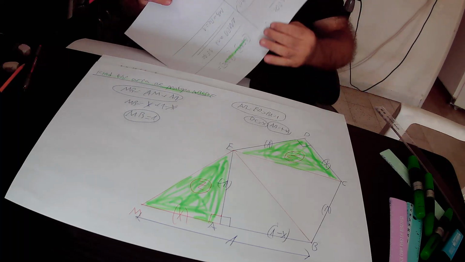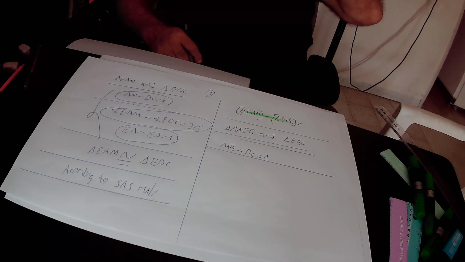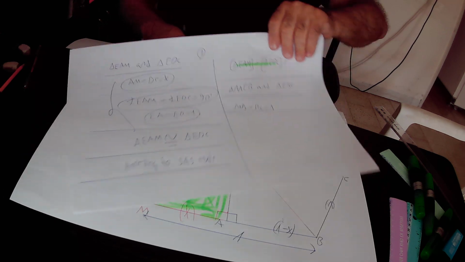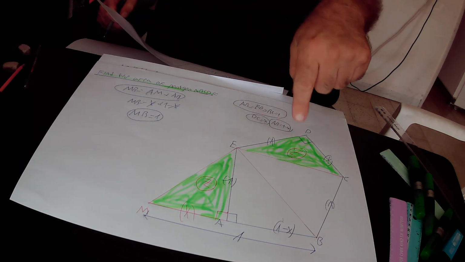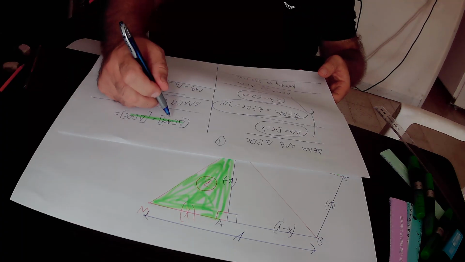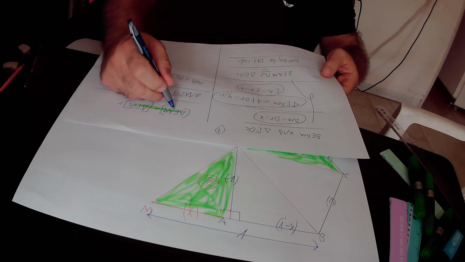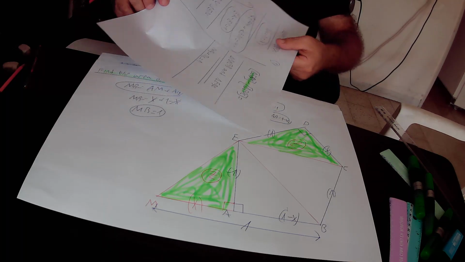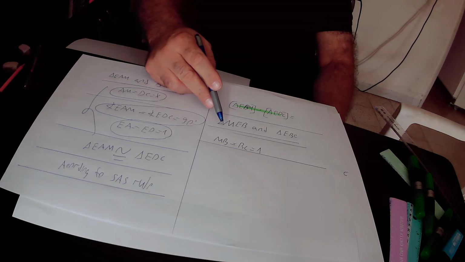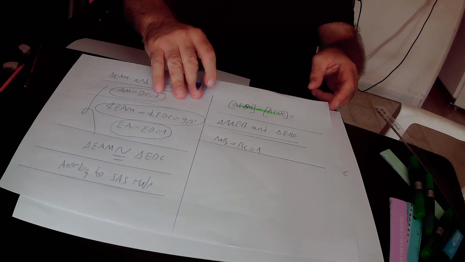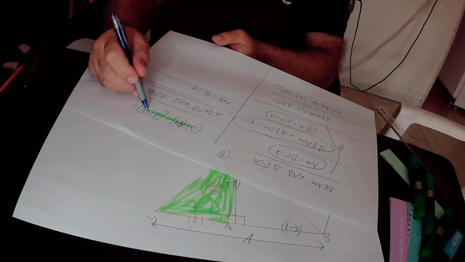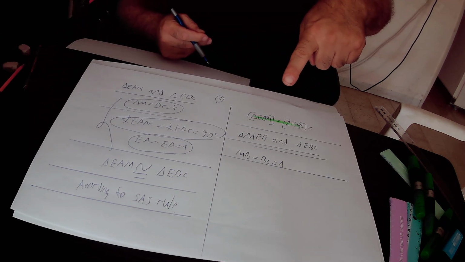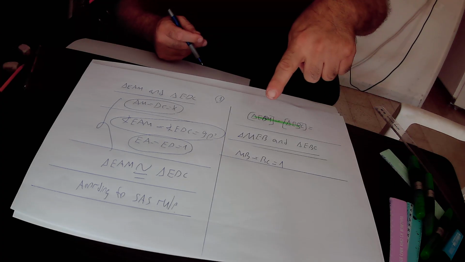Again, side MB of triangle EBM is equal to side BC of triangle EBC.